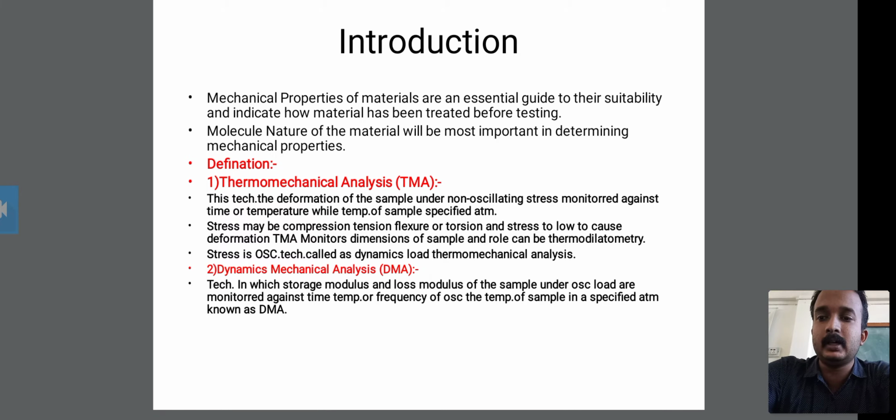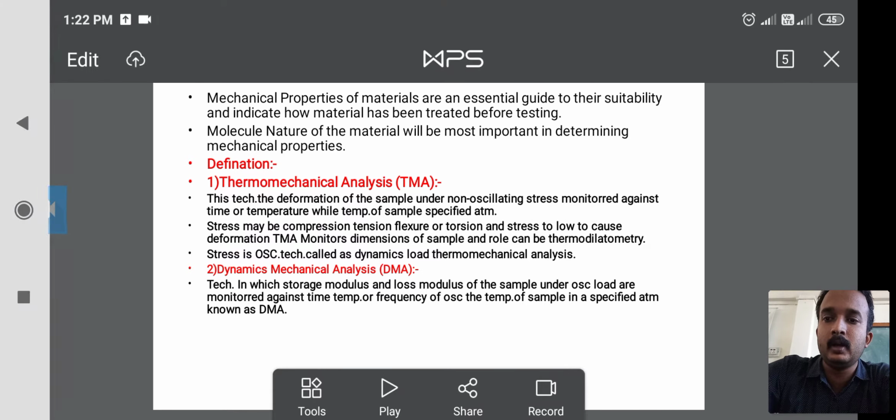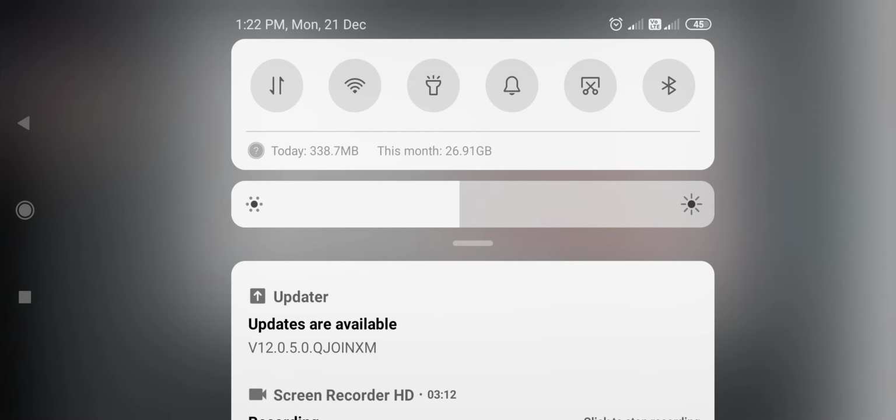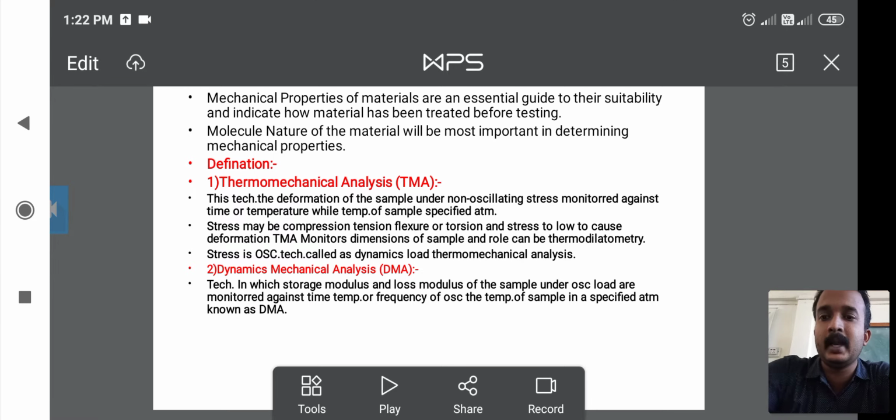Then the definition. Look at the definition of thermomechanical analysis. Look at this definition of the technique: it is the deformation of the sample under non-oscillating stress, monitored against time or temperature, while the temperature of the sample is in a specified atmosphere.